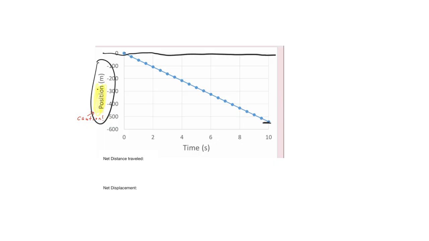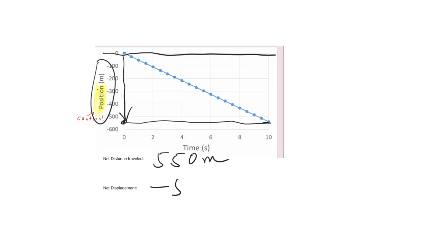This looks like 550. Okay, so he traveled from 0 to 550. So distance is 550 meters, or net displacement will be negative 550 because he's moving.